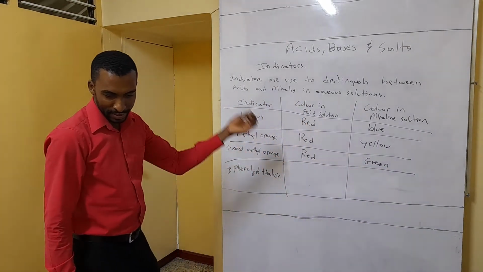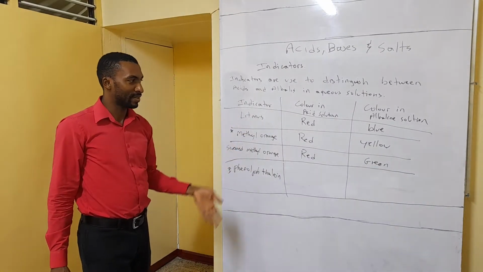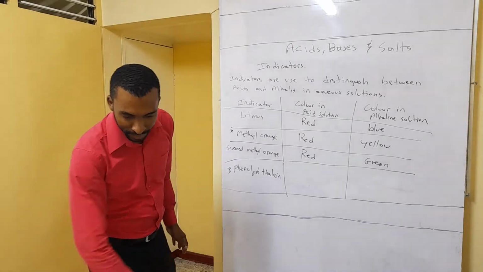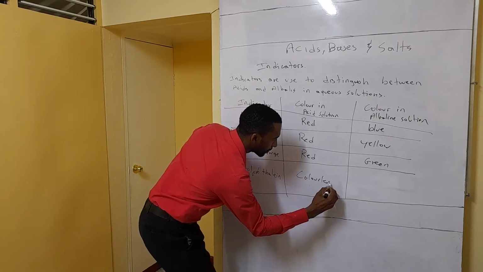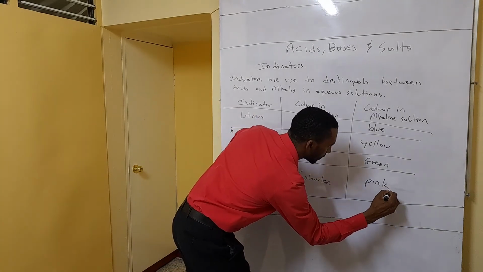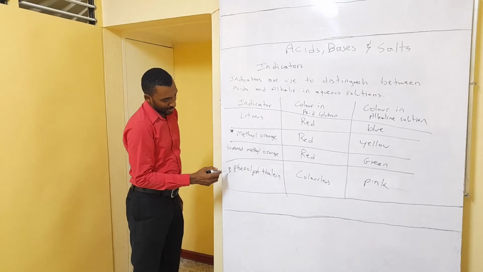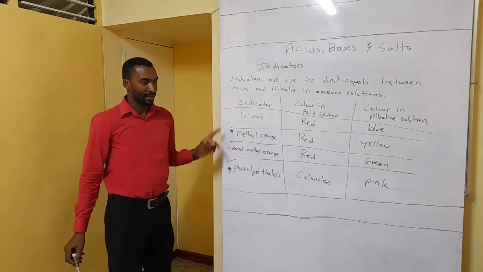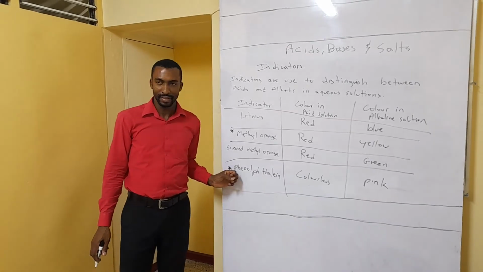Acid is red for most of the stuff. Phenolphthalein is colorless in acid. It's important that you know about methyl orange and phenolphthalein, definitely for the exam. Those are two popular indicators that they use, especially phenolphthalein. It goes colorless to pink.